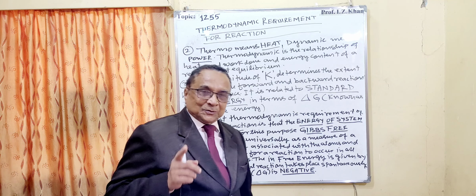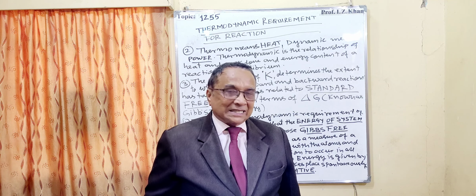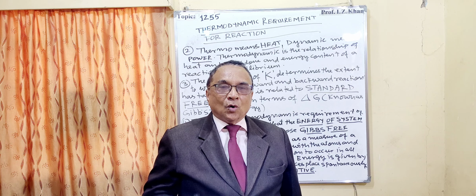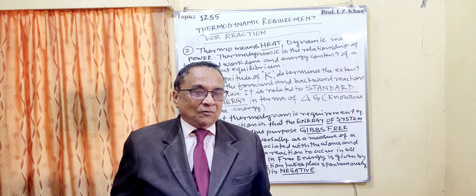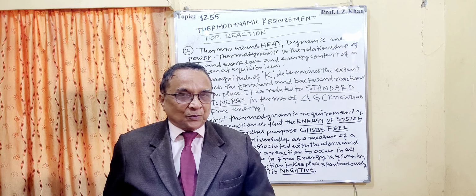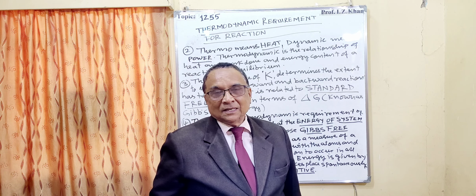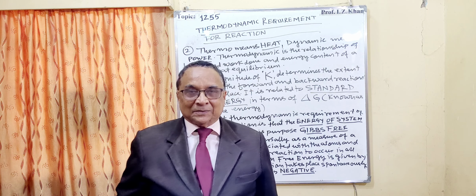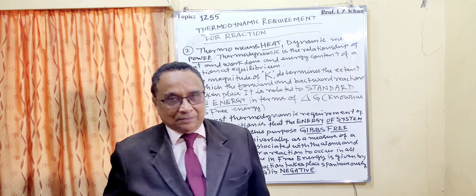If delta G is positive, the reaction will not take place. A reaction is possible, where reactant will be converted into product, only if the standard free energy, which is called Gibbs free energy, is negative.